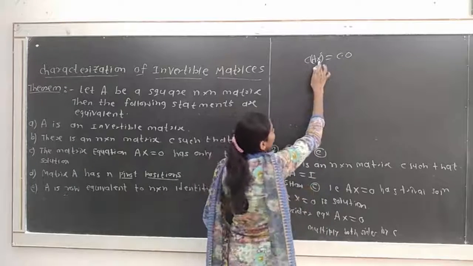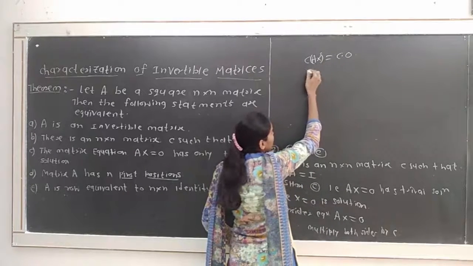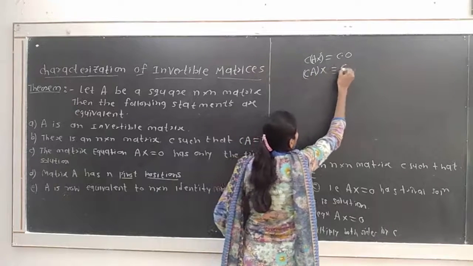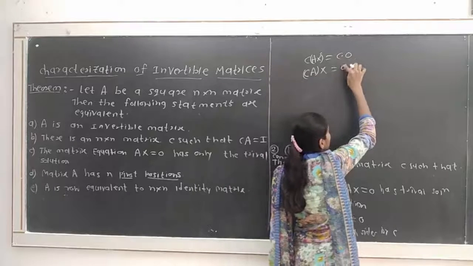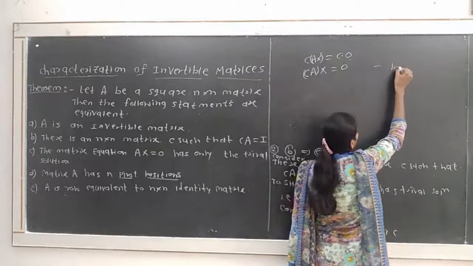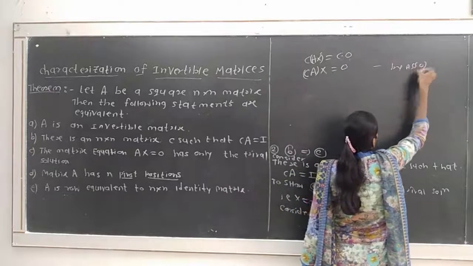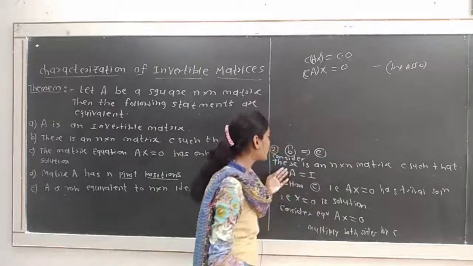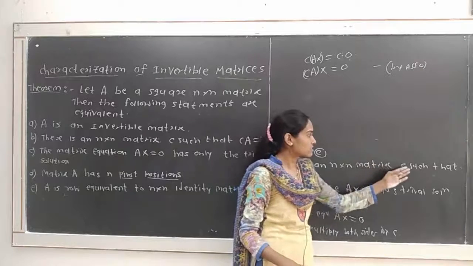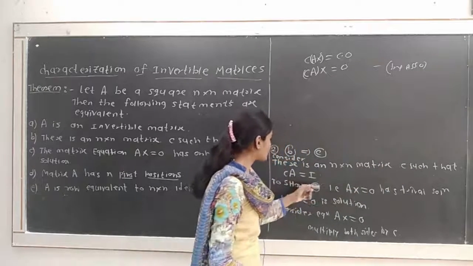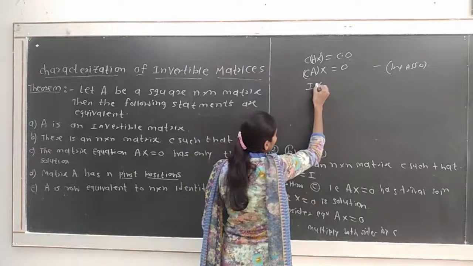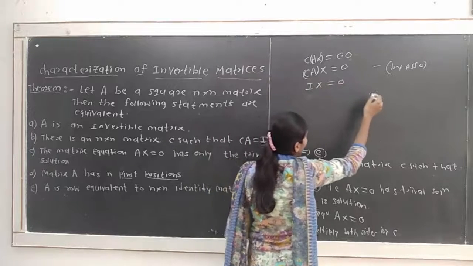By the associative law for matrix multiplication, we write this as CA into x is equal to 0, since 0 into any matrix is 0. Given that C into A is equal to I, we get I into x is equal to 0.